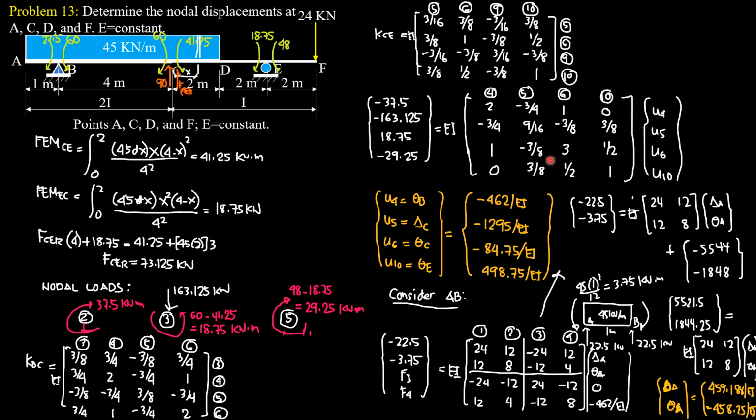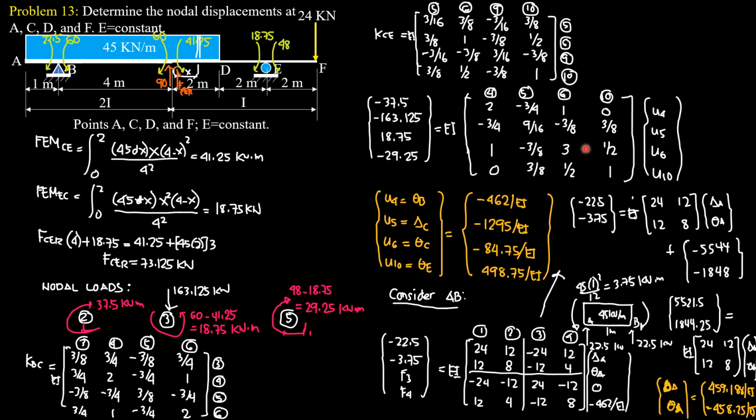Then 6,6, we have 2 here, and 2, and here it's 1, so 2 plus 1, it's 3. Then 6,10 is 1/2, so copy 1/2. Finally, 10,10 is 1.